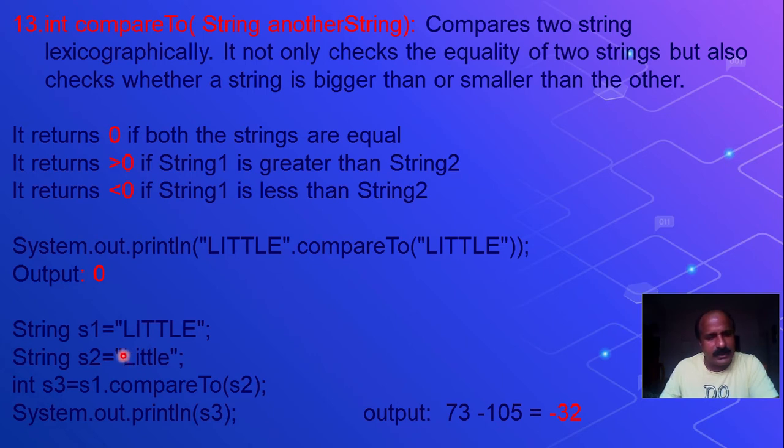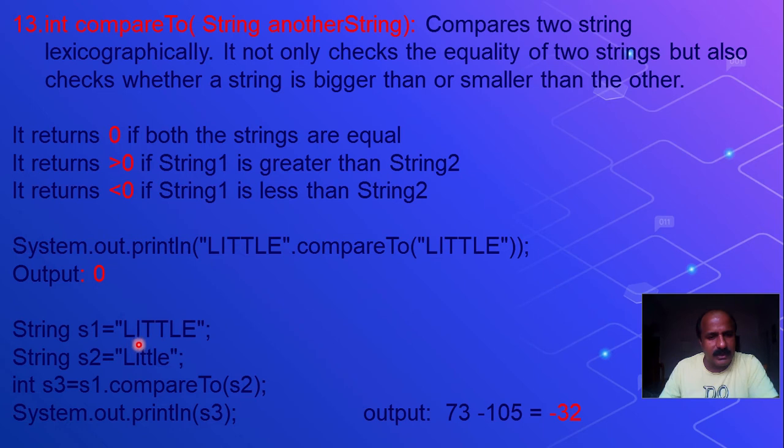It's equal, that's why moving to the next. So the second one, capital letter I and small letter i, will be compared. So there is a difference. One is capital and the other one is small. So the ASCII values of these two characters will be compared now.